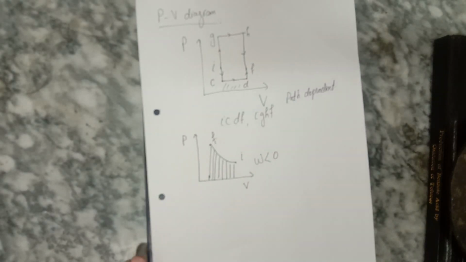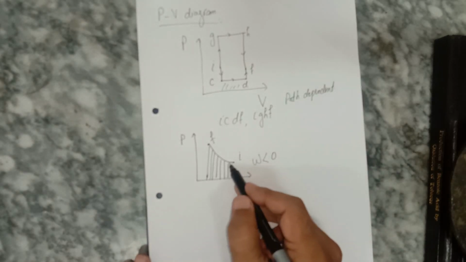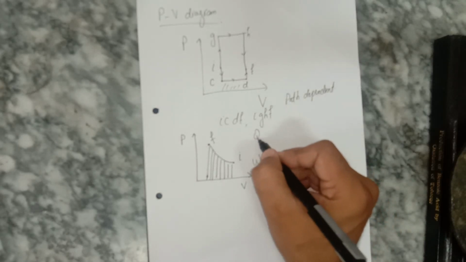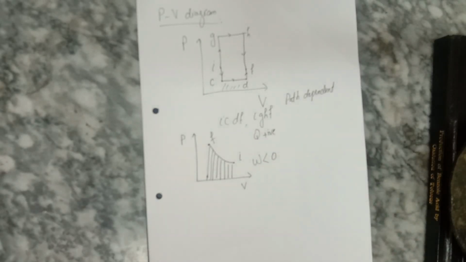So as the volume is decreasing, at the same time you can see that the pressure is increasing. You can say that when the pressure is increasing, heat is being added to the system. It means that Q is positive in this case, right?